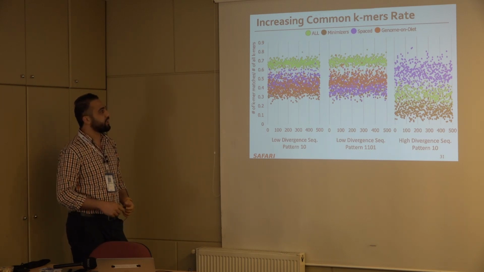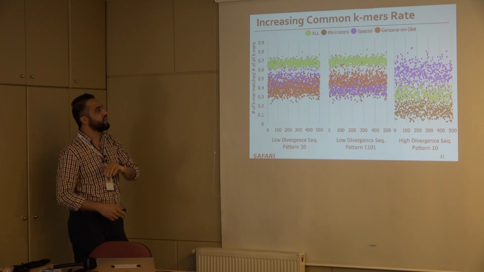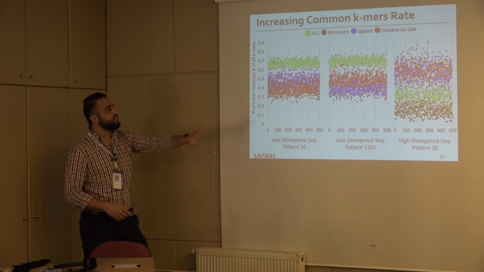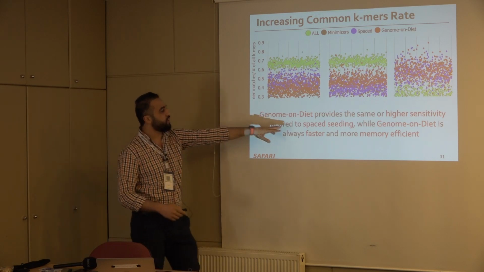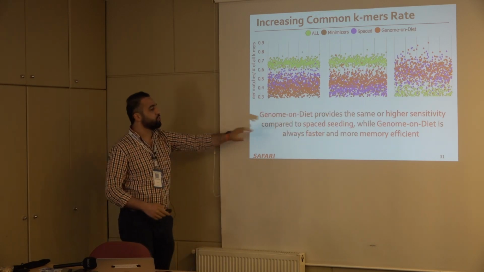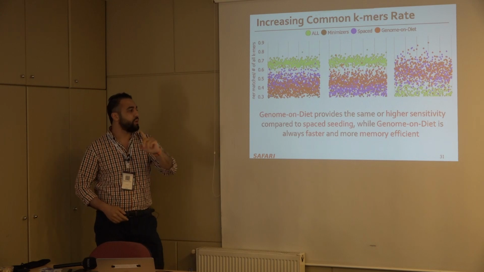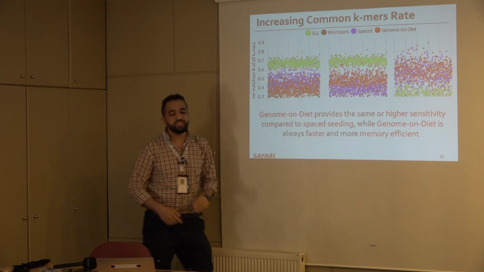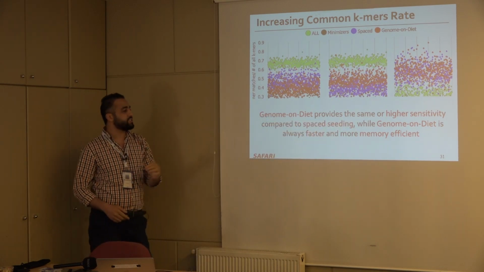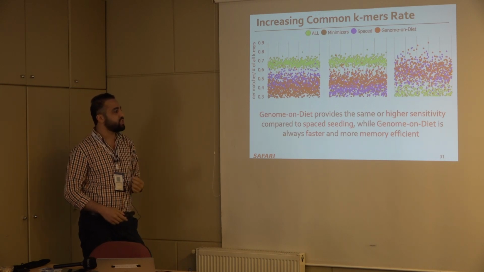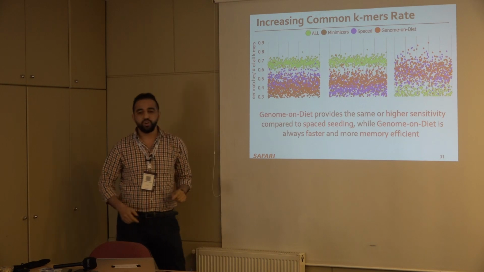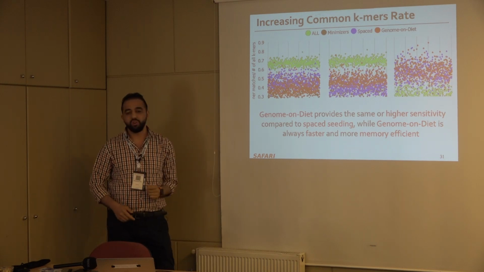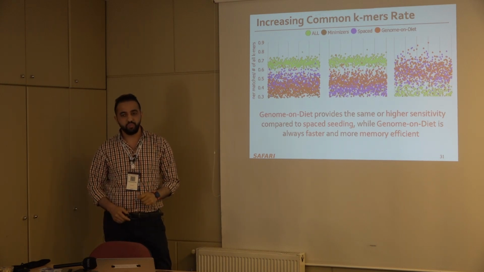And that is basically the goal of spaced seed and GenomeDiet. GenomeDiet is very similar to spaced seed. So to conclude, GenomeDiet provides the same or higher sensitivity compared to spaced seeding. But remember, GenomeDiet always extracts fewer k-mers compared to spaced seed, and that's going to gain more performance and memory efficiency compared to spaced seeding.